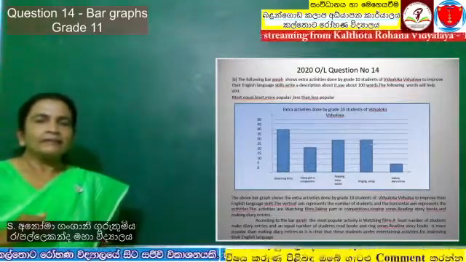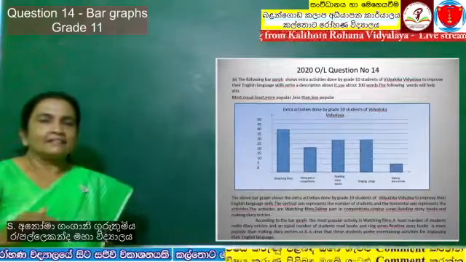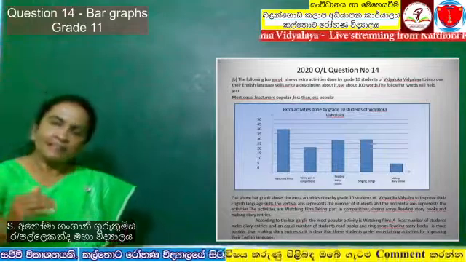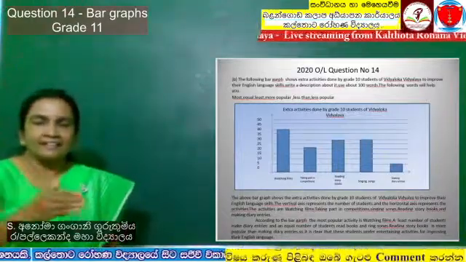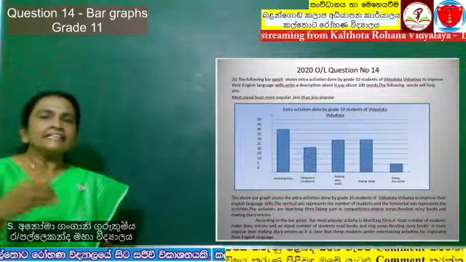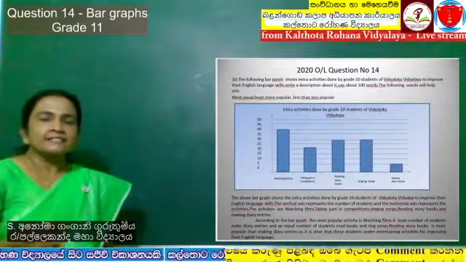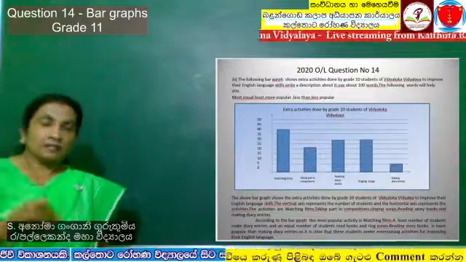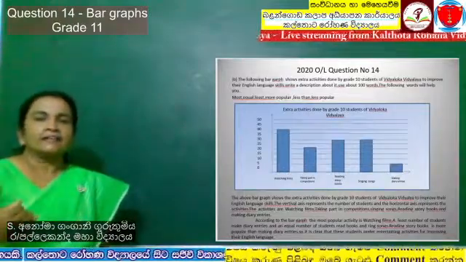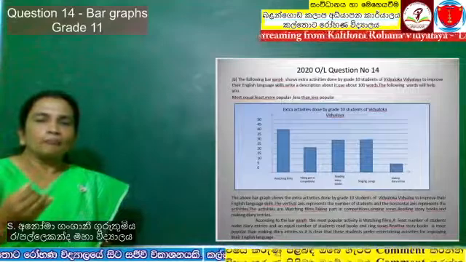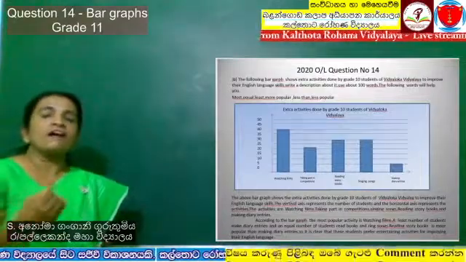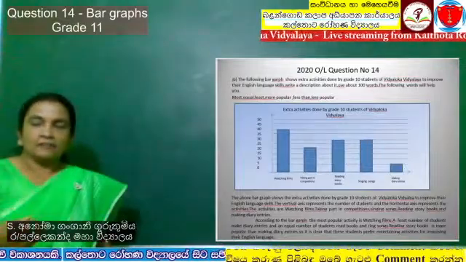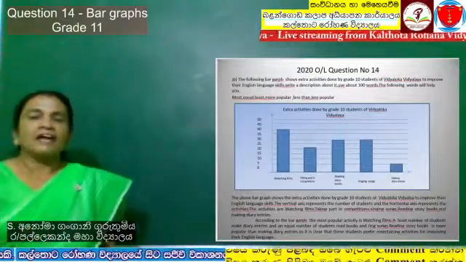First sentence like this, and the next one: the vertical axis shows the number of students and the horizontal axis shows their leisure time or extra activities.